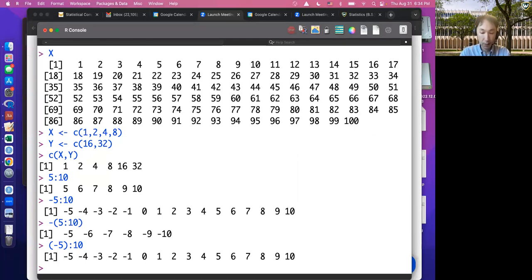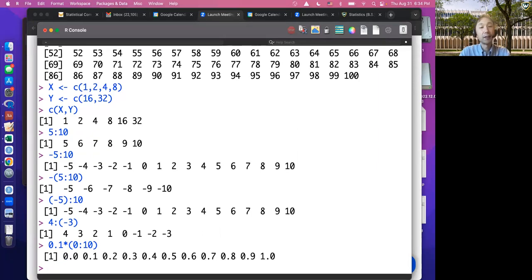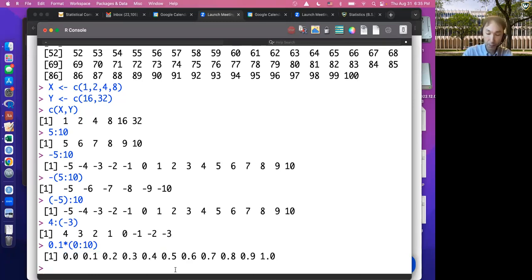Yeah, so a sequence can be in a different order, from 4 to -3. You can make this sequence. Also, if you want to make a sequence from, for example, 0 to 1 with an increment of 0.1, you can do this by making 0 to 10. The sequence of 0 to 10 is 0, 1, 2, 3, 4, up to 10. But if you multiply by 0.1, you can make this sequence. So this is sometimes useful.